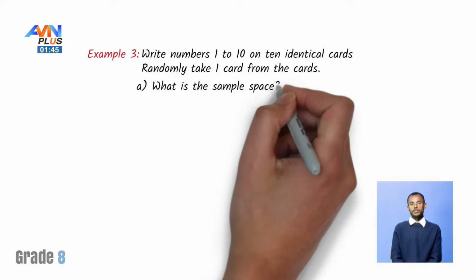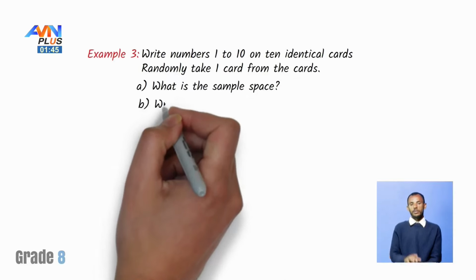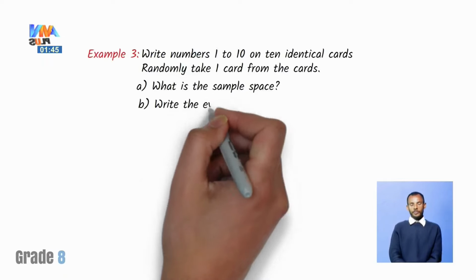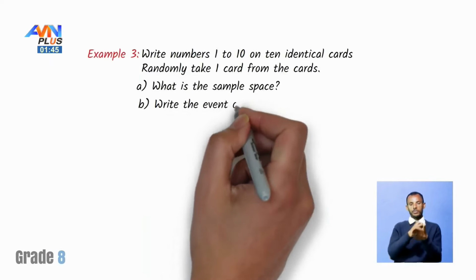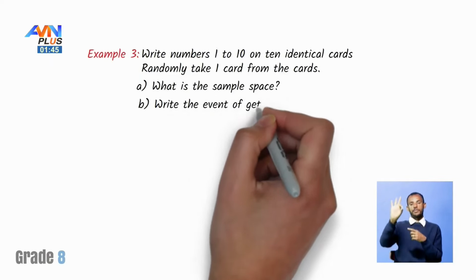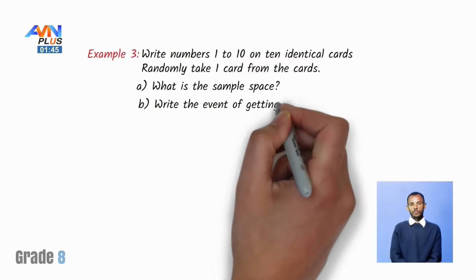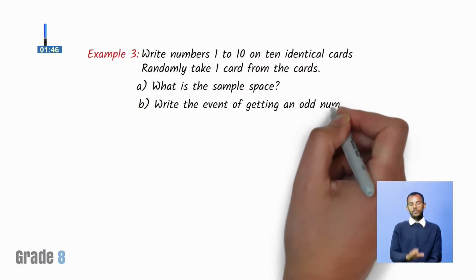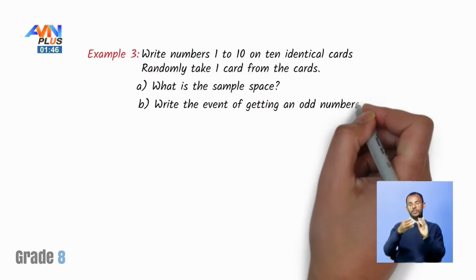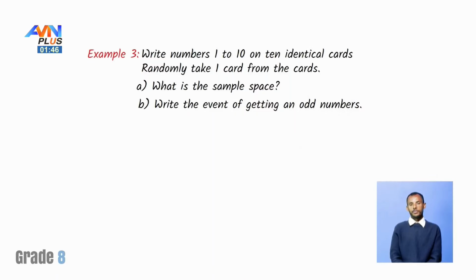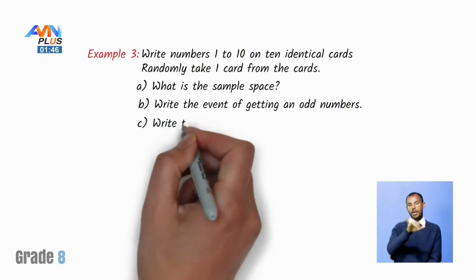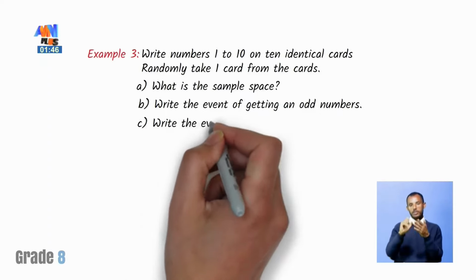The second one is, write the event of getting an odd number. Similarly, write the event of getting a prime number.